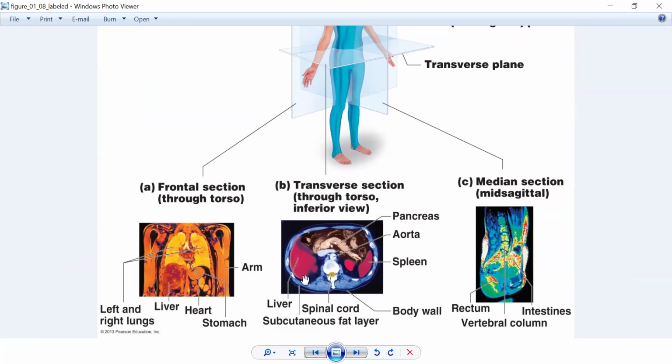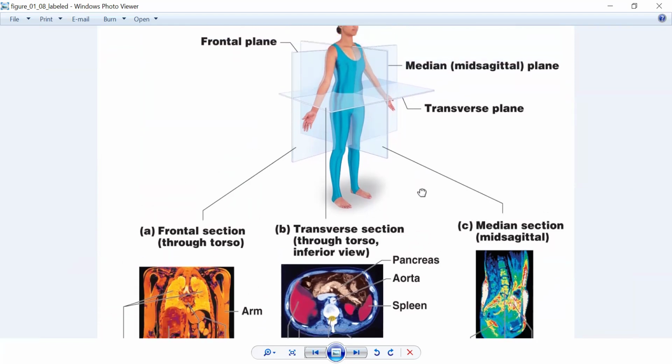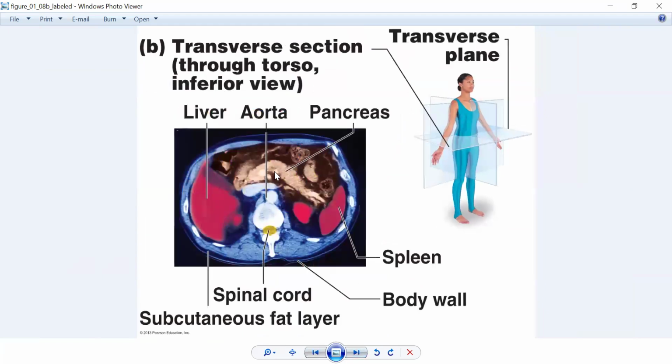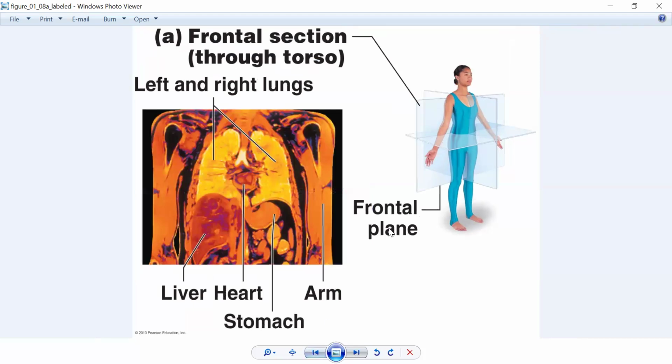You're looking at an image of the body that's been cut through a transverse plane, but you're looking at it from a superior view, from above. So that was the picture here. This is a transverse cut, and you're looking at the image from a superior view. Now, let me go to this picture here. This is called a frontal, or you say coronal cut.